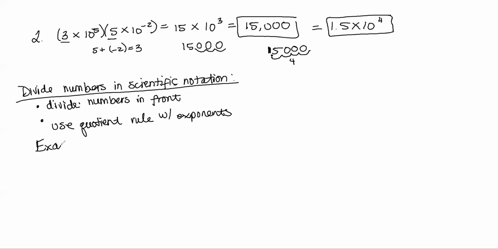All right, so again, just a couple of examples, and then we'll be done with scientific notation. So for these, we're told to divide, and then again, write the answer in scientific and standard notation.